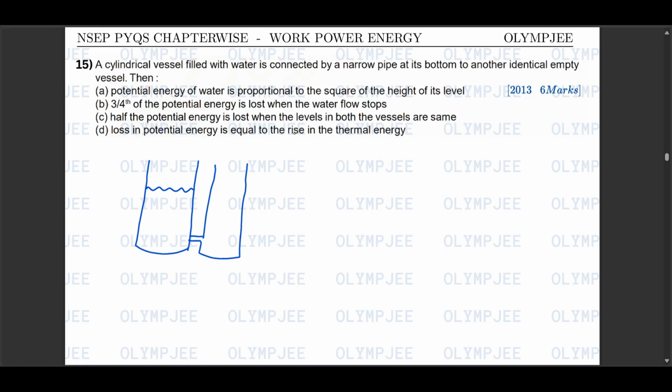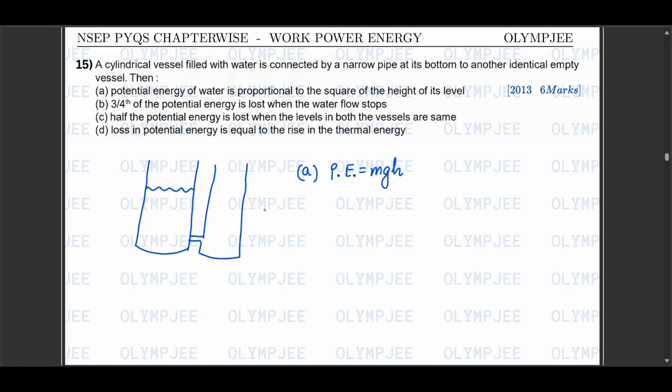So option A says that potential energy of water is proportional to the square of the height of its level. Okay, so we know that potential energy is given by mass into gravity into height, right?